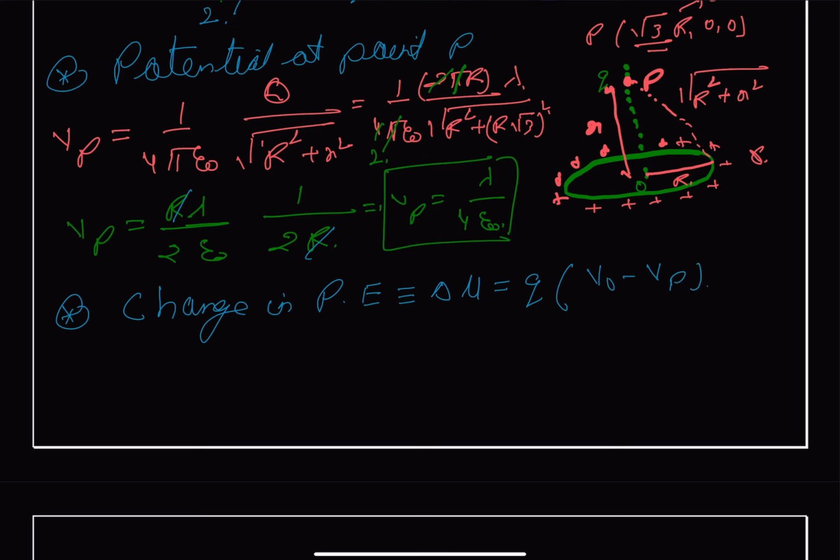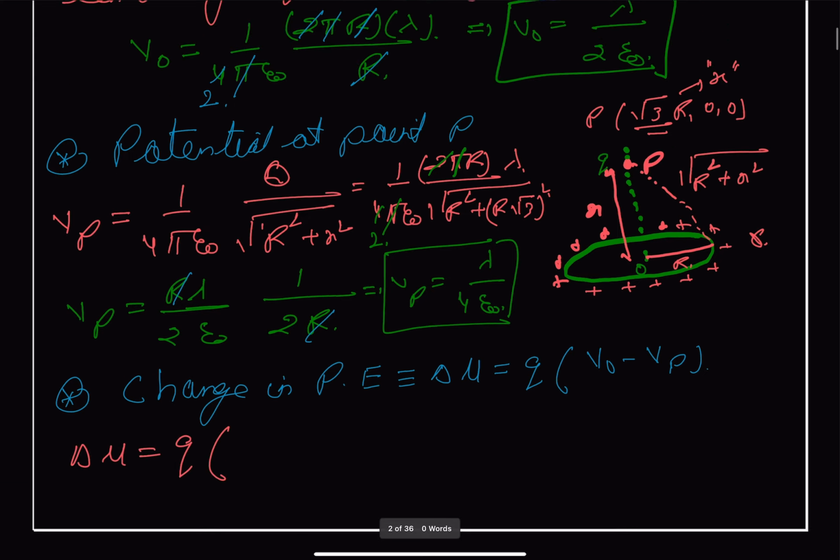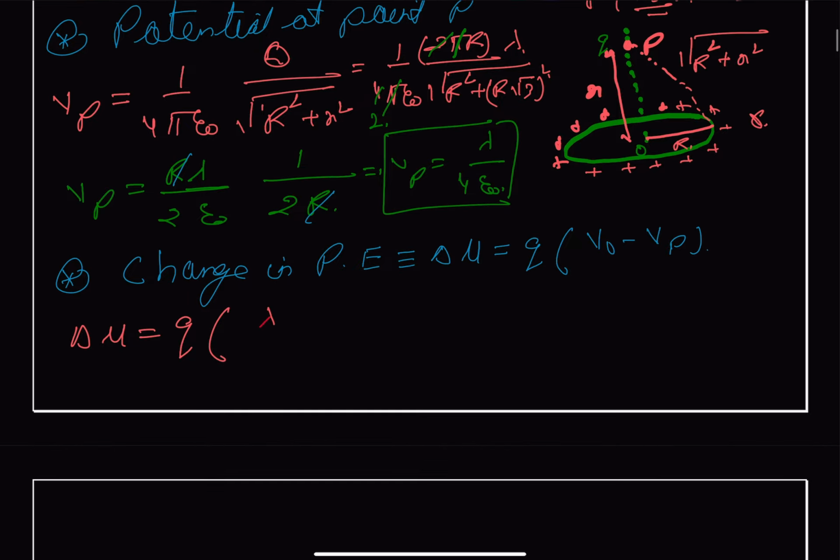We substitute the values, we get delta U is equal to Q times lambda by 2 epsilon naught minus lambda upon 4 epsilon naught. The LCM will be 4, and this comes as 2 minus 1, that is 1 upon 4. So we get Q lambda upon 4 epsilon naught. This is the change in the potential energy.